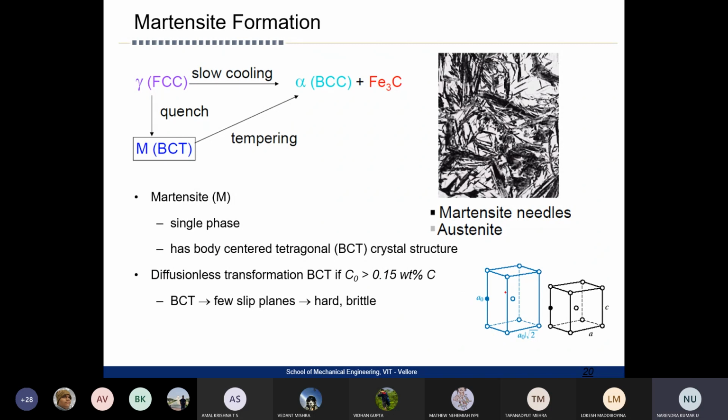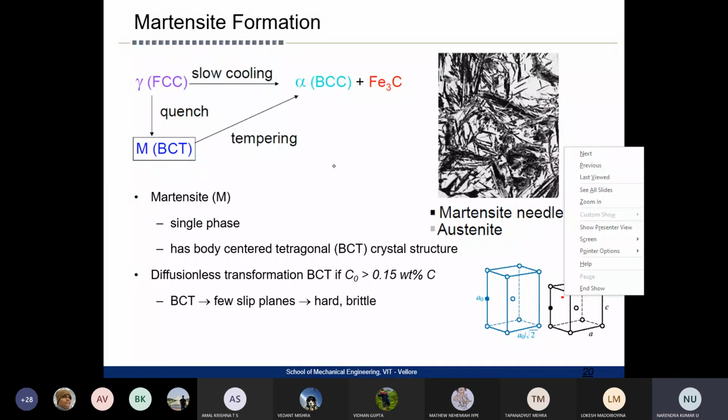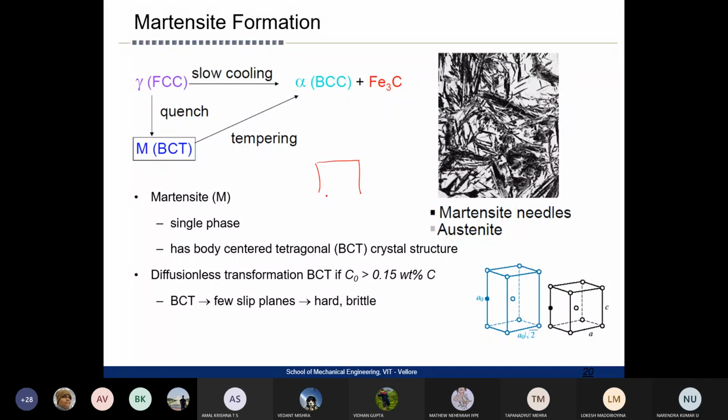So the carbon atom generally is in the interstitial sites. If you take a cube, what are the interstitial sites? You already know, right? Iron atoms will be there in the lattice points.